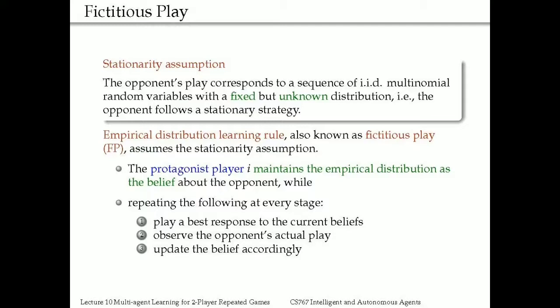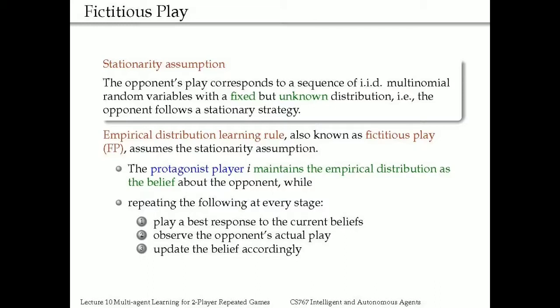Remember, a stationary strategy is a strategy where the agent does not change through the stages. The strategy could, of course, be a mixed strategy on the stage game, so it could play 0.6 of a certain action and 0.4 of another action. That's a fixed strategy for the static game.